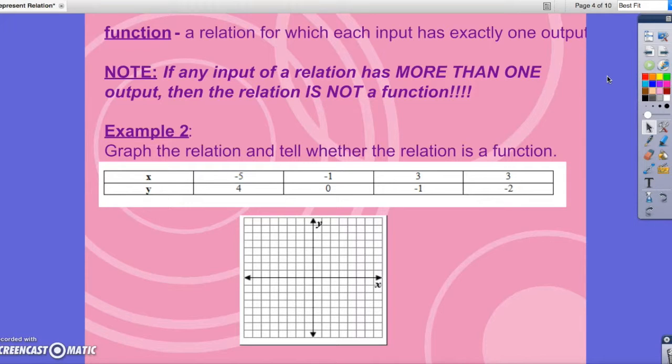Graph the relation and tell whether the relation is a function. So we're graphing our ordered pairs. Remember, I have it labeled here. Here's the x-axis. Positive x's are to the right, negative are to the left. Here's my y-axis. Positive y's are up, negative y's are down. So I have negative 5, 4. So 1, 2, 3, 4, 5.